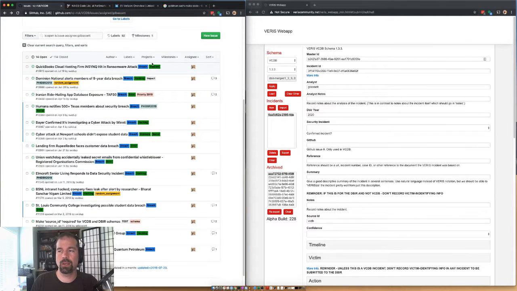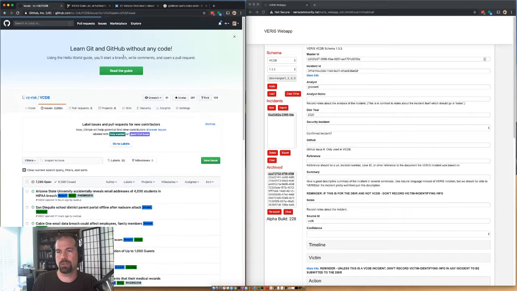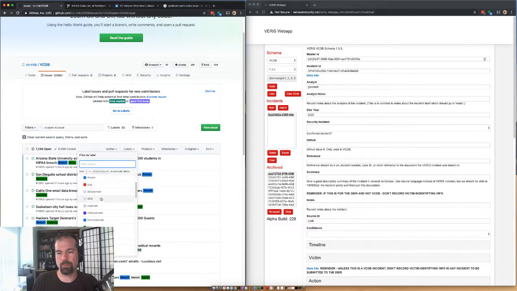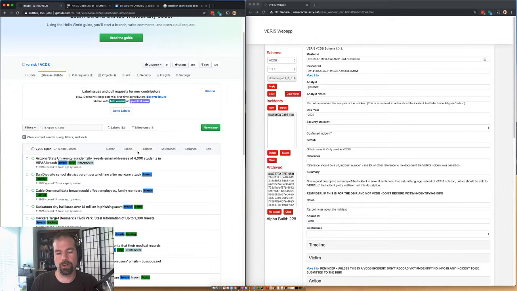In fact, if you want to code VERIS, one of the types of issues that we have, and I'll have to clear my assignee, is we have a code for, oh no, it's not in VCDB, it's over in the VERIS repo, but we have a code for coding standards. And so you can go and select down to that issues list, and it lists kind of standards for how to code different things.